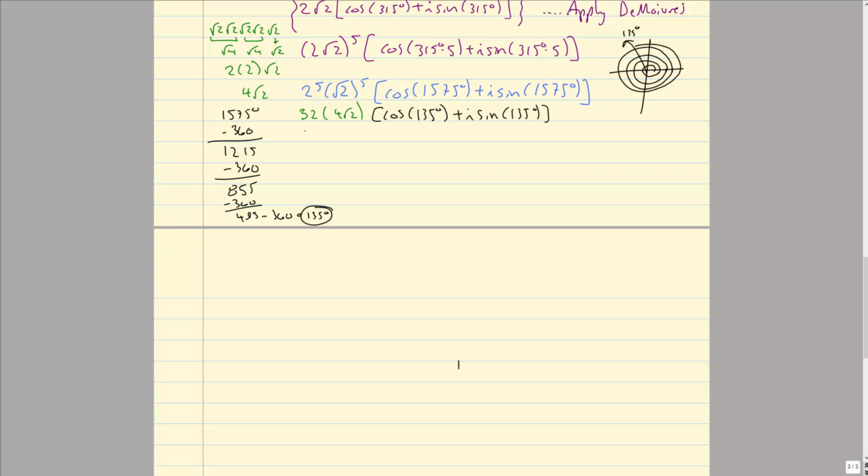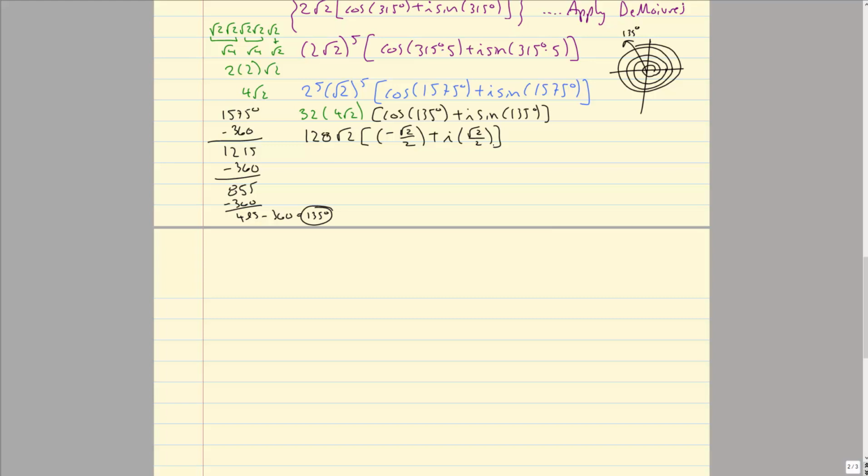So 32 times 4 would be 128 square root of 2. The cosine of 135, so this is quadrant 2. Quadrant 2 cosine is negative, so this would be negative square root of 2 over 2. Sine of 135 in quadrant 2 is positive, so this would just be square root of 2 over 2, and I don't need the sine in there because I already took the sine.